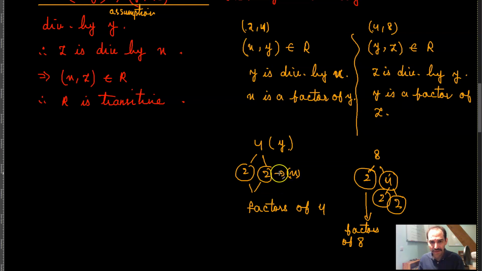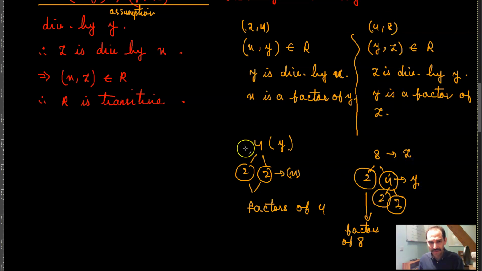So here I have x and y, and you can see that x is a factor of y. And over here you can see that I can call this 4 y, and I can call this 8 z, right?